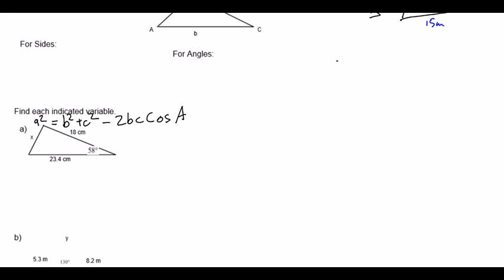It's literally a squared equals b squared plus c squared minus 2bc cosine of the angle between them, also known as A. So basically, if you think about it, you've got a squared equals one side squared, the other side squared, minus 2 times the first side and the second side cosine of the angle between them. And that helps us find it. And then at the very end, we just square root the result of everything that we have here to get a by itself.